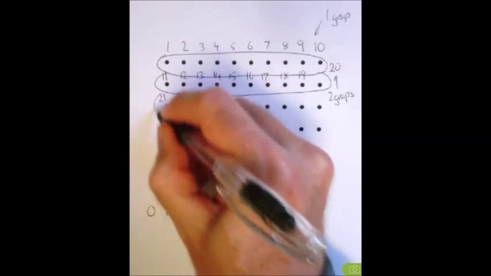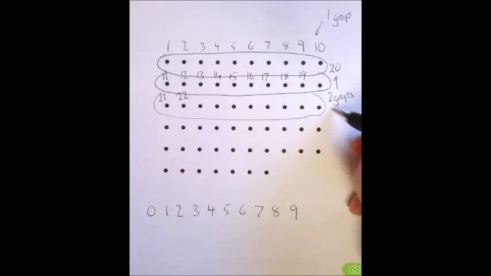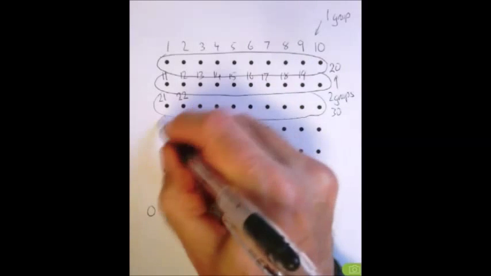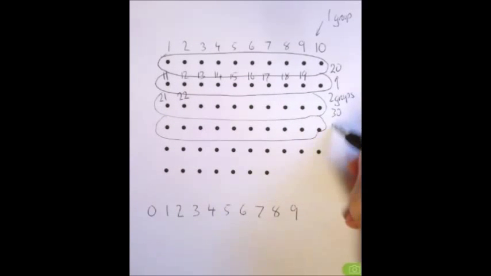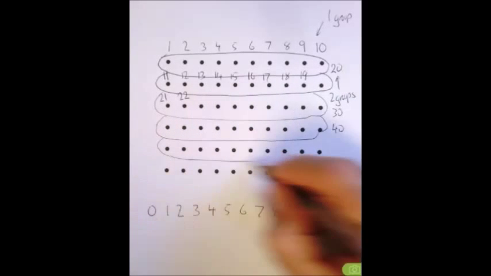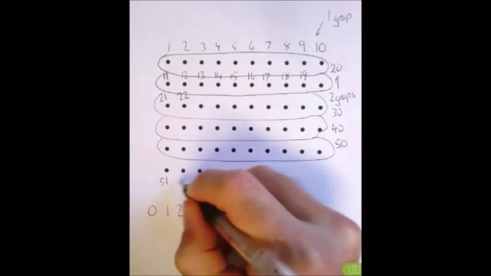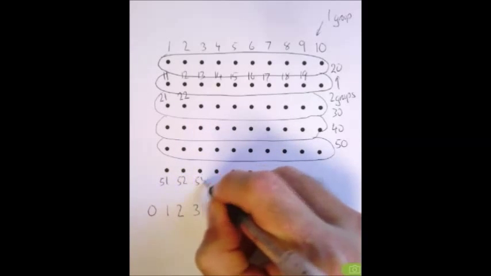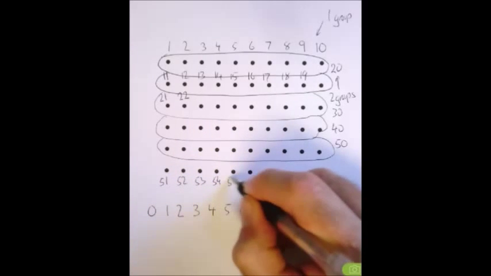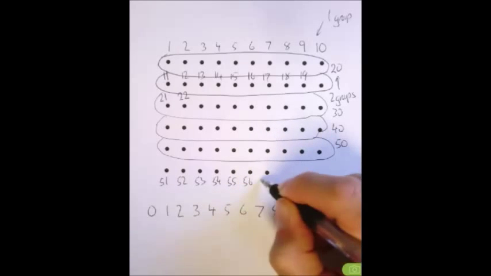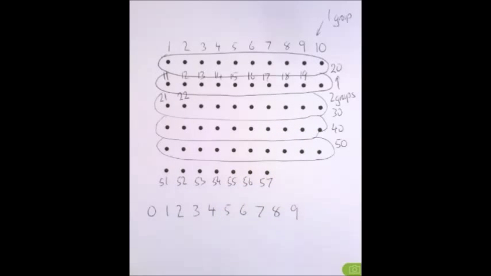So eventually I will have 3 groups, then 4 groups, 5 groups, and then 51, 52, 53, 54, 55, 56. So I have 57 dots there.